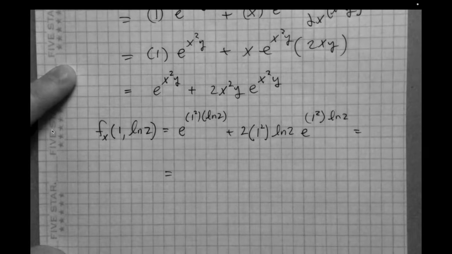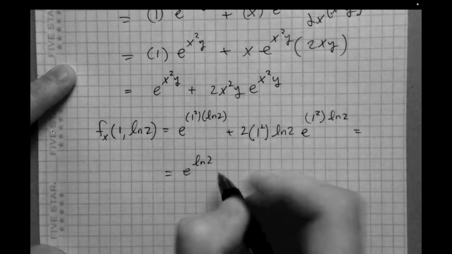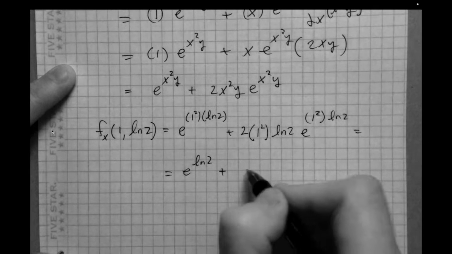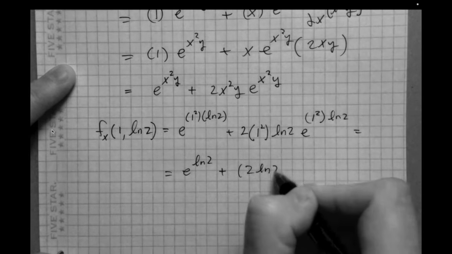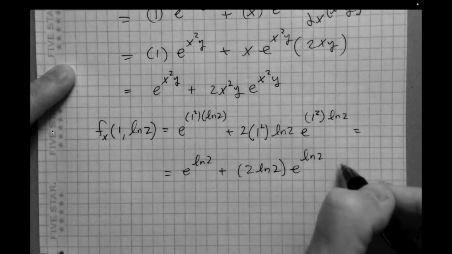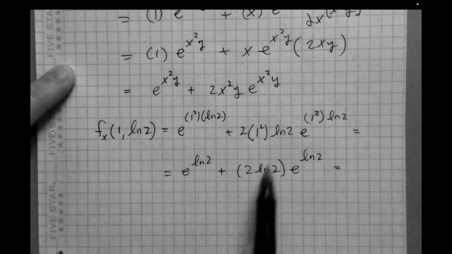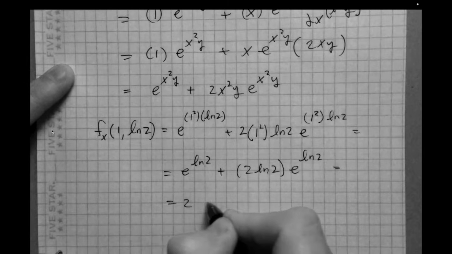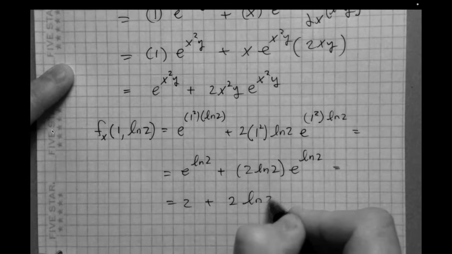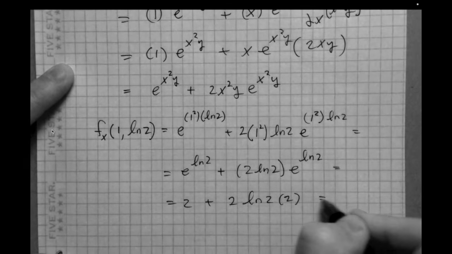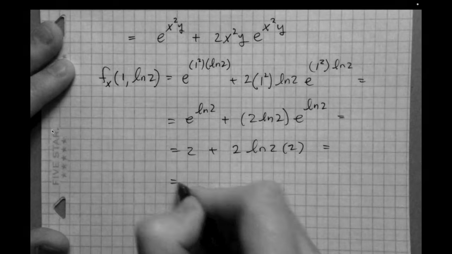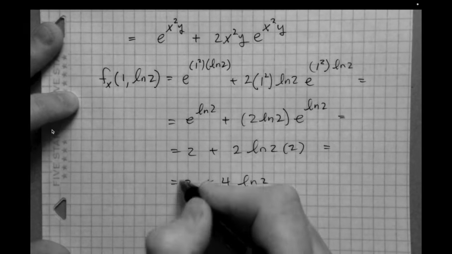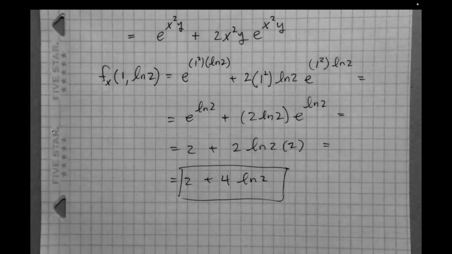Okay, and so this would be e^(ln2) plus 2 ln2 e^(ln2). And then, of course, all of these e^(ln2)s are just 2, so this is 2 plus 2 ln2 times 2. And so you get 2 plus 4 ln2. And so that would be kind of the final answer for that.